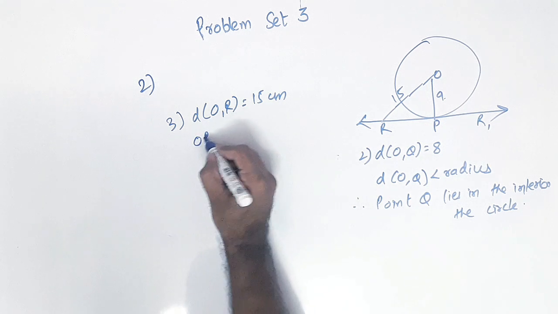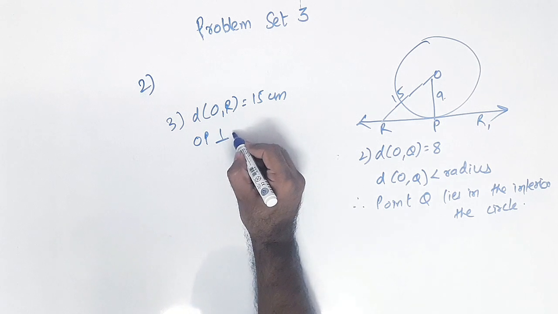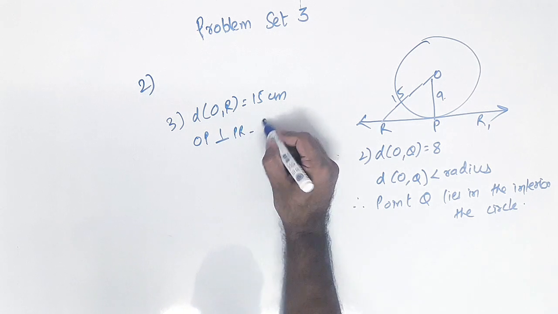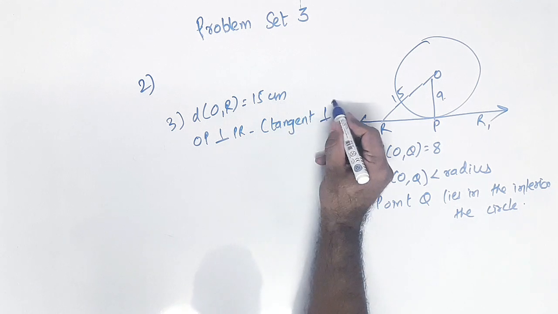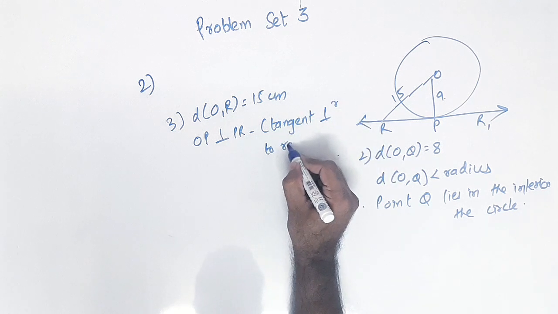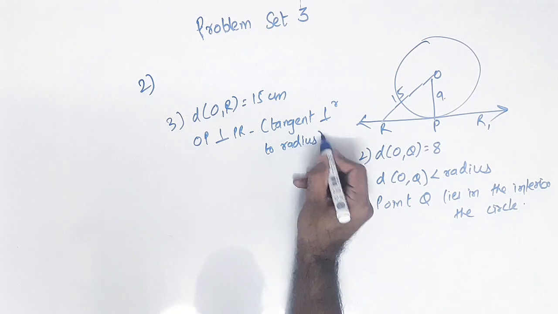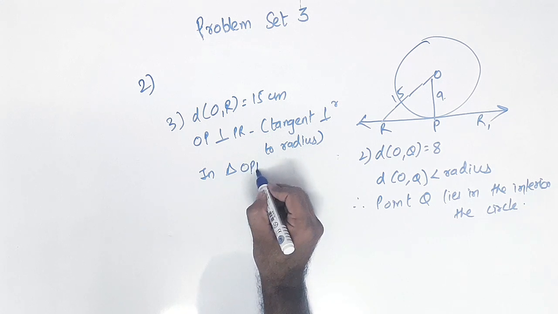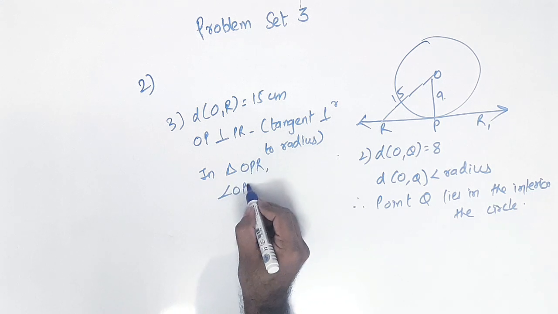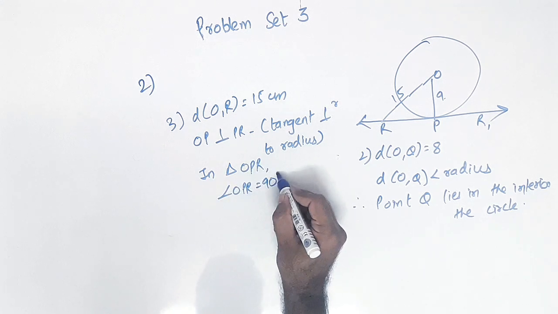I'll first write OP is perpendicular to PR. Why? Because tangent is perpendicular to radius. Now we'll start. In triangle OPR, angle OPR equals 90 degrees.